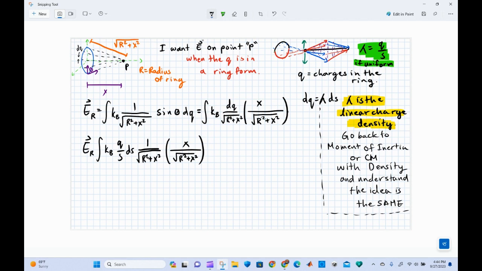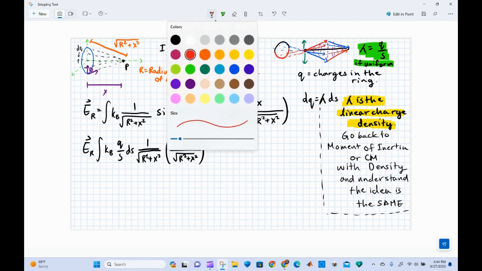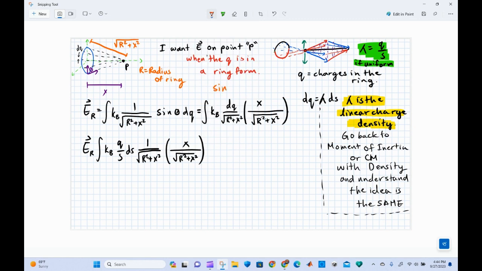Okay, so maybe I should explain that sine theta equals x. I think they get it. It's a rectangle form, but I want to put it down. Not that color. This color does well. x divided by the square root of r squared plus x squared.